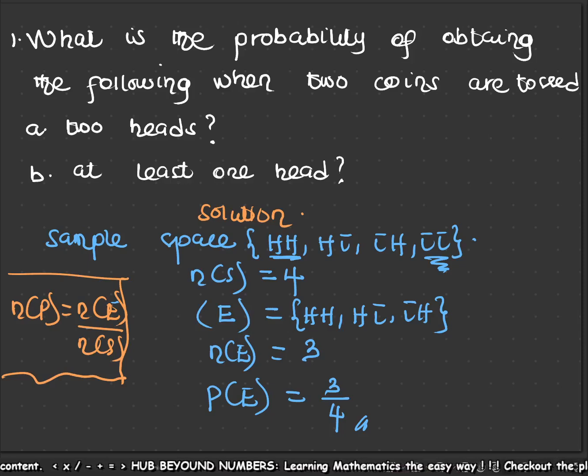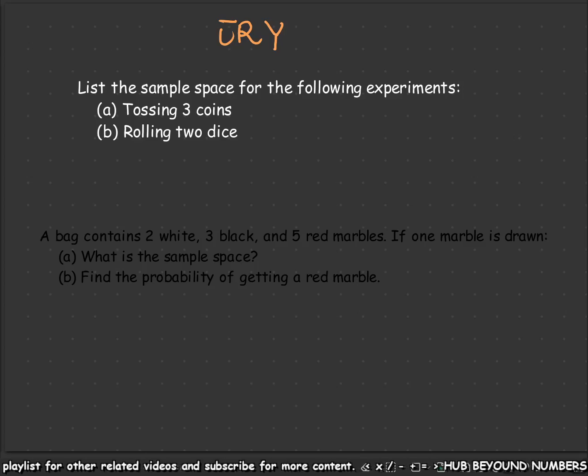I'll leave you with some exercises you can try on your own to test your understanding. Here are some questions. First, list the sample space for the following experiments: tossing 3 coins. You are tossing just 3 coins. Then rolling 2 dice. We've done that already.